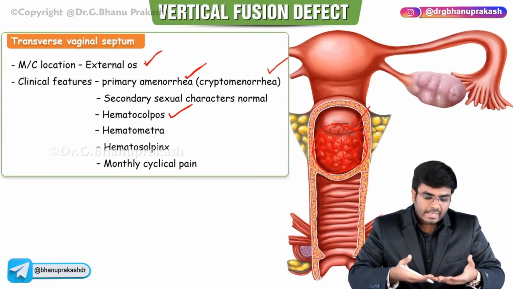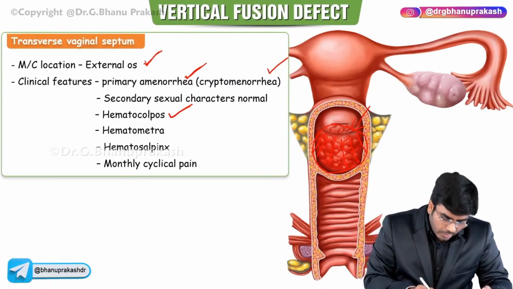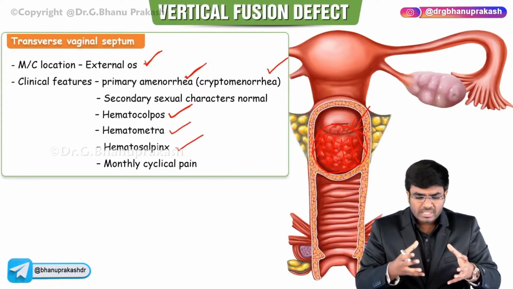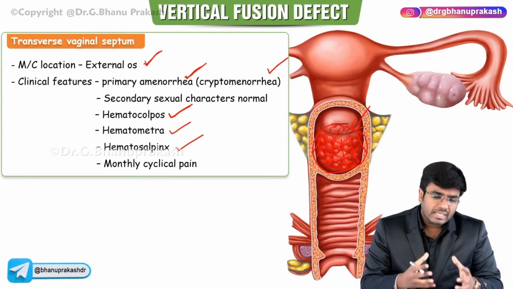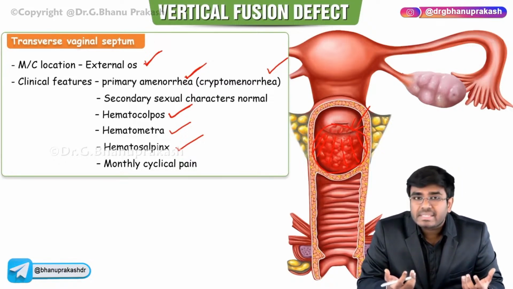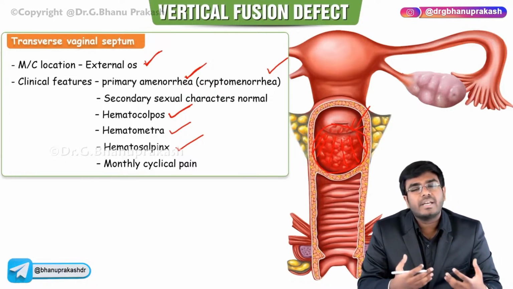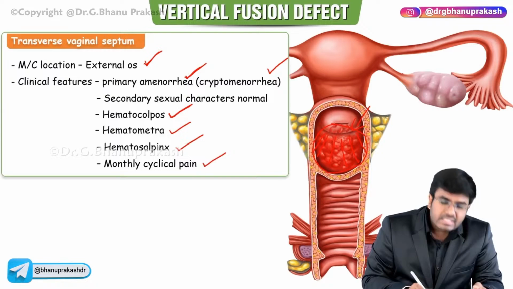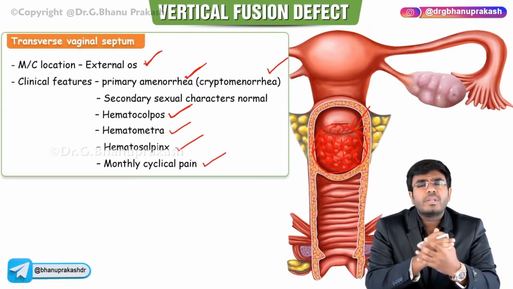And this blood can back up and it can cause hematometra, hematosalpinx, which means all this blood is getting accumulated in the uterus. And this blood might also end up in the fallopian tubes, hematosalpinx. Hematometra means blood accumulation in the uterus. And she will have this monthly cyclical pain. How is she going to present to your clinic?